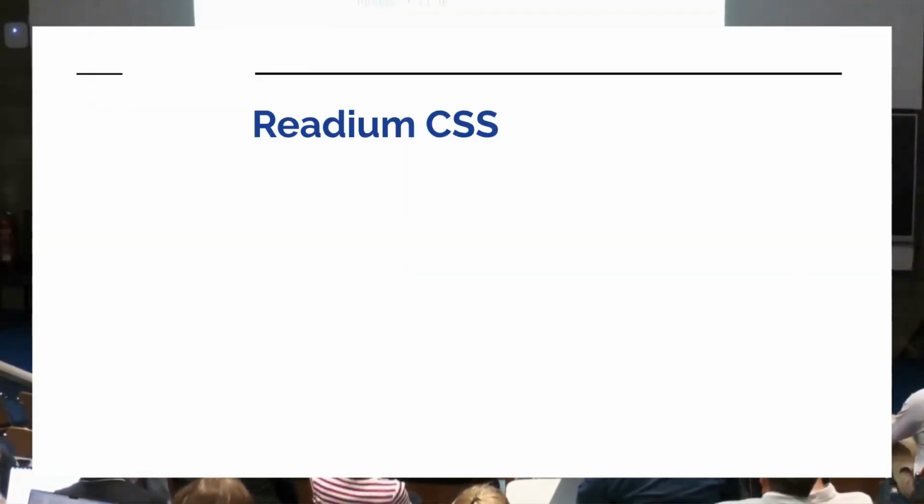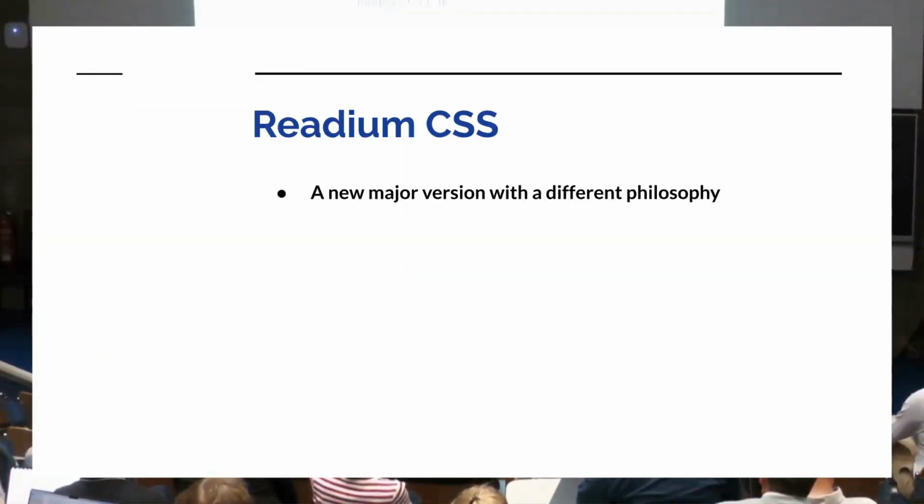Readium CSS has a new version 2, which is a major version with a lot of breakage, because it has a different philosophy. When I came back, we had to update Readium CSS after 4 years. There were features that were implemented in Thorium Desktop for CJK, like letter spacing for Japanese, but also hiding ruby annotations.